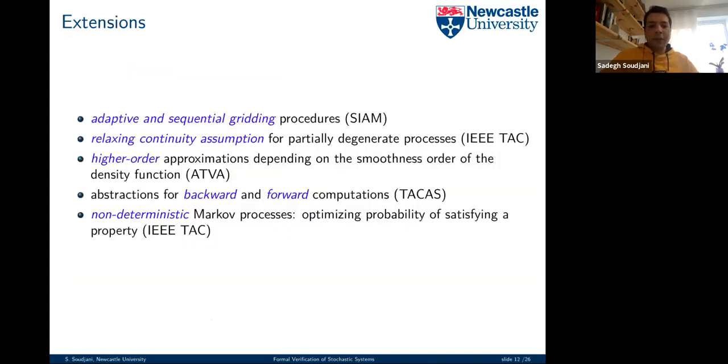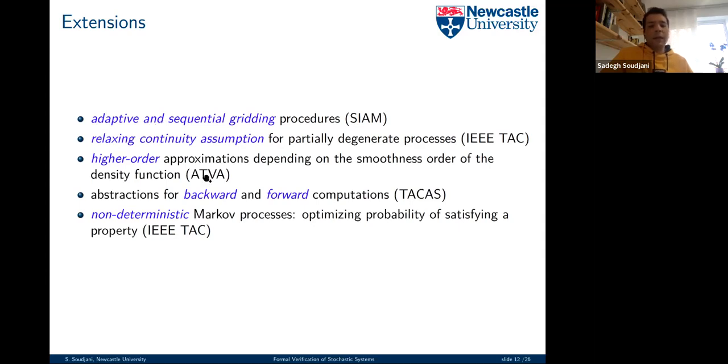I have worked on extensions of this technique using adaptive and sequential gridding procedures. Instead of partitioning uniformly, you can try to select partition sets with different sizes depending on the local behavior of the system. I have done some work on relaxing this continuity assumption. If the continuity assumption does not hold, we can still quantify the error.